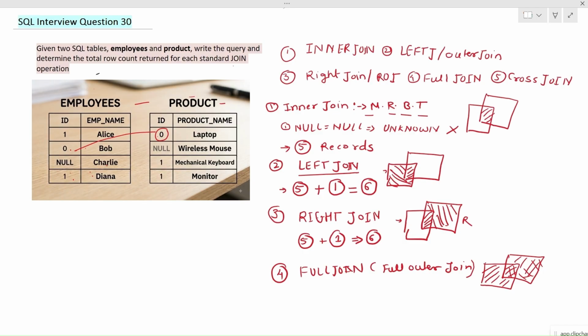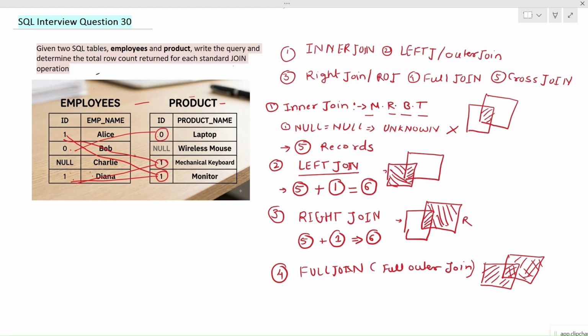Null records don't match, because when we join null equal to null, we get an unknown result. So this record will join with these records, and these records will also join with this one and this one. So how many matching groups have we received?